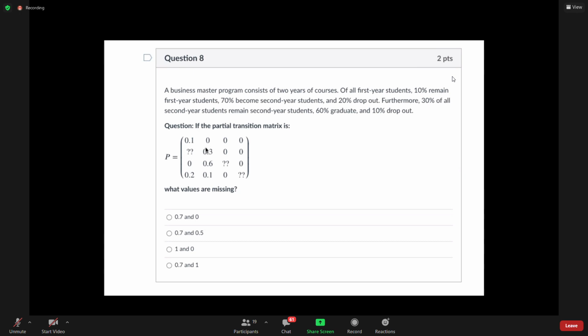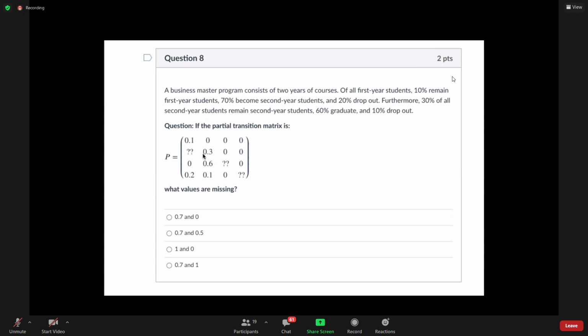When we transition into the second column, we read it as how many people have remained first year students in the second year? That's 0. It's impossible. You cannot be a first year student in the second year. Therefore, the first element is 0. However, we know that out of the 100% people who are in the second year, 30% remain second year students.